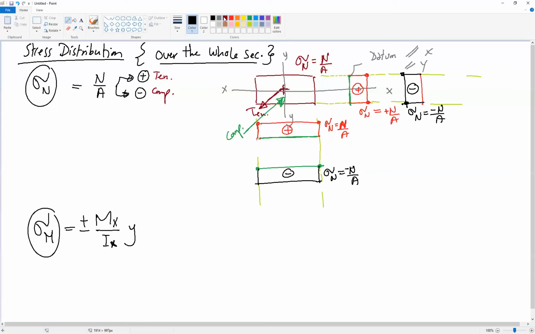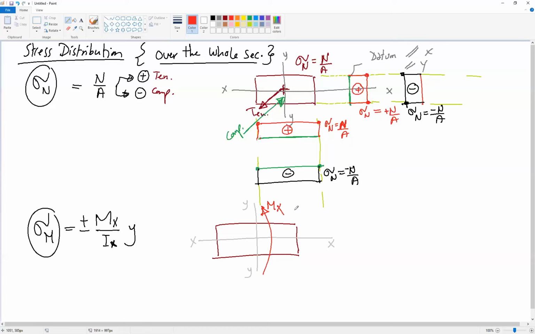So if we have a moment here over this section, and this is the x-axis and y-axis, and this is our moment Mx.